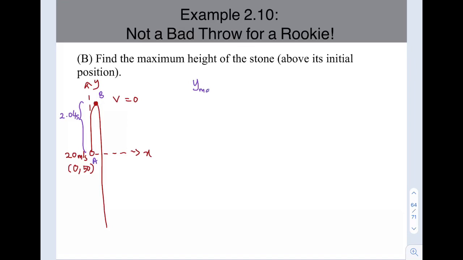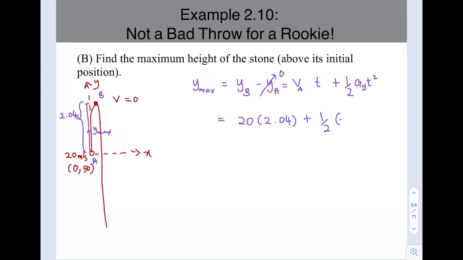So now, what is Y maximum? Y maximum is equivalent to Y at B minus delta Y. Starting from 0, V initial times T is 20 meters per second times 2.04 that we calculated in part A just now, plus half times negative 9.8 times T squared, 2.04 squared.